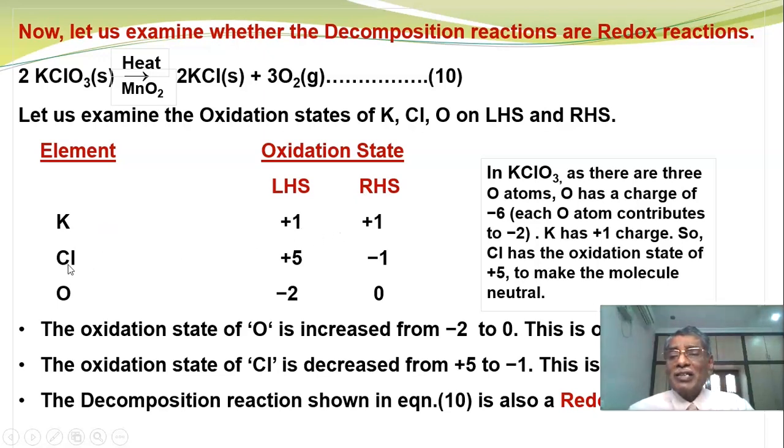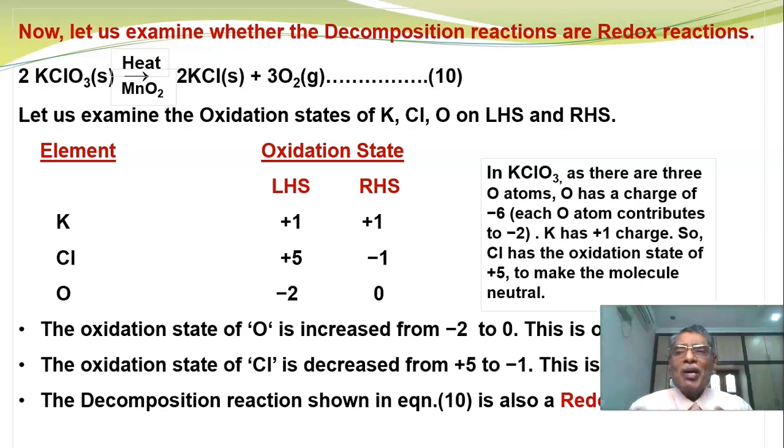But look here, Cl, the oxidation state is reduced from +5 to -1, whereas for oxygen, the oxidation state is increased from -2 to 0. This oxidation state of O being increased from -2 to 0 is oxidation. Oxidation state of Cl decreasing from +5 to -1 is reduction. The decomposition reaction given in equation 10 is also a redox reaction.